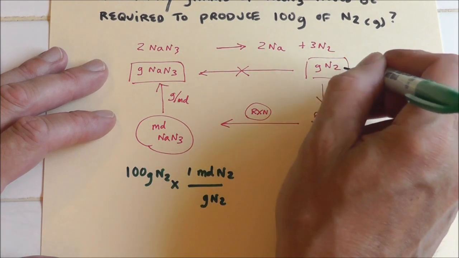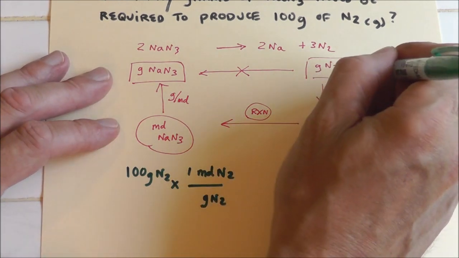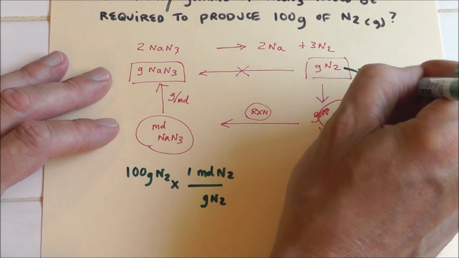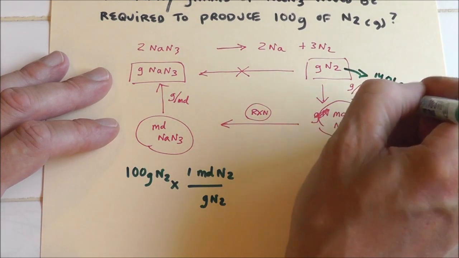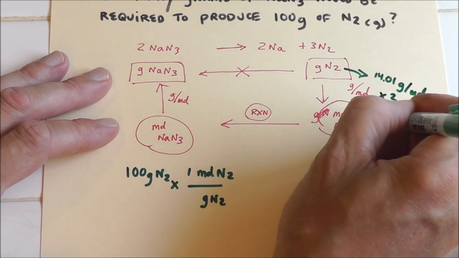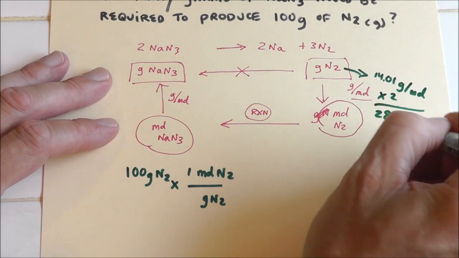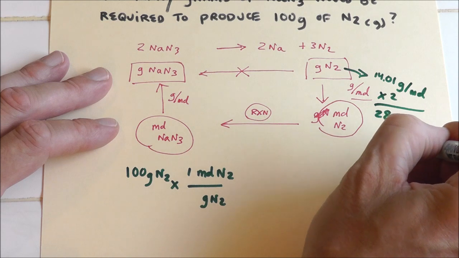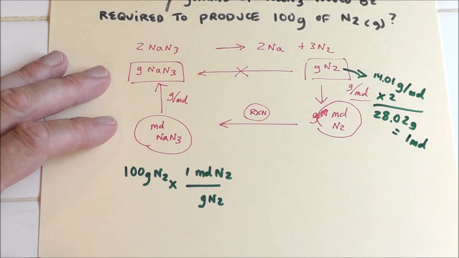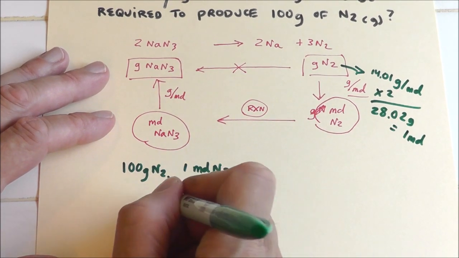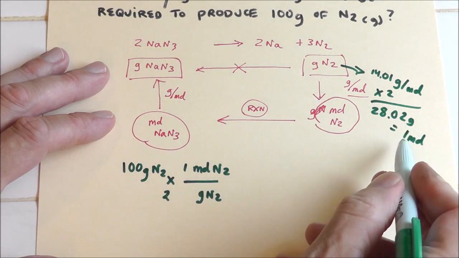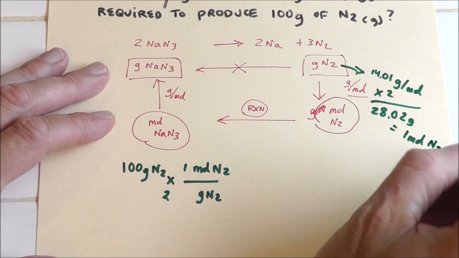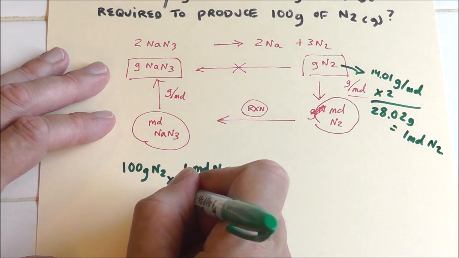And if you look at an N2, that's 14.01 grams per mole. But don't forget, it's N2, and so that's 28.02 grams equals 1 mole. And you could do that off on the side somewhere. So, once again, 1 goes next to moles, 28.02.